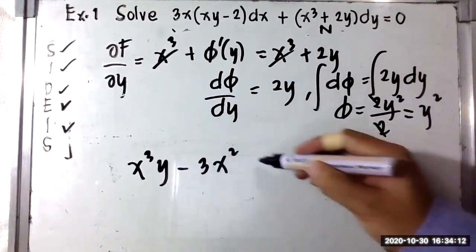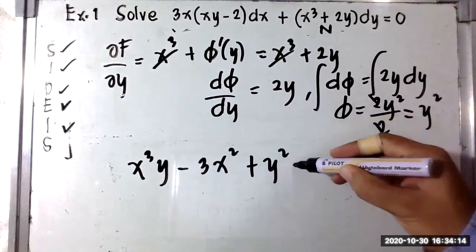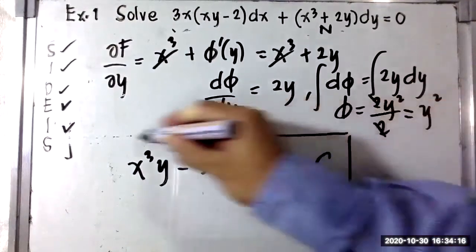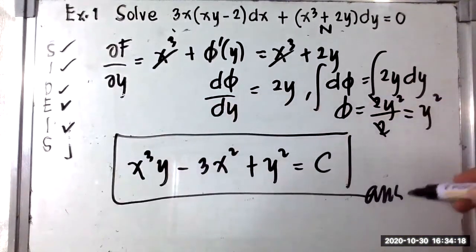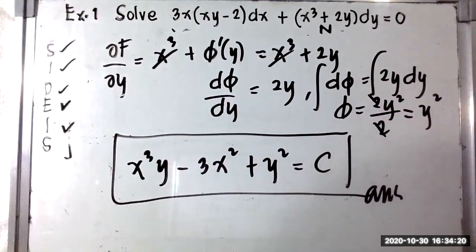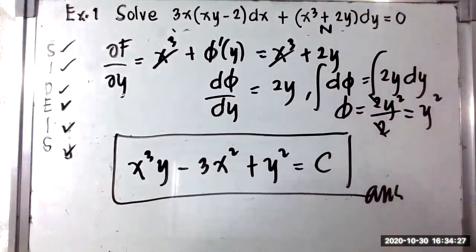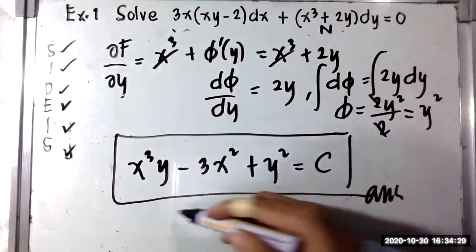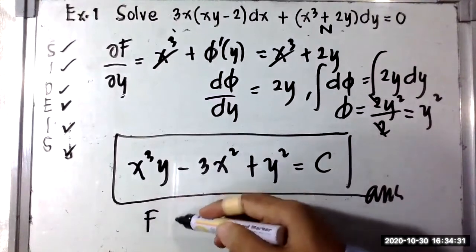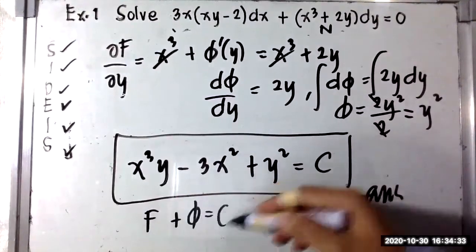The value of phi is y squared equal to c. So this is our solution. So we are done. The last step is actually substitute. So we substitute to our solution, which is f plus phi equal to c.